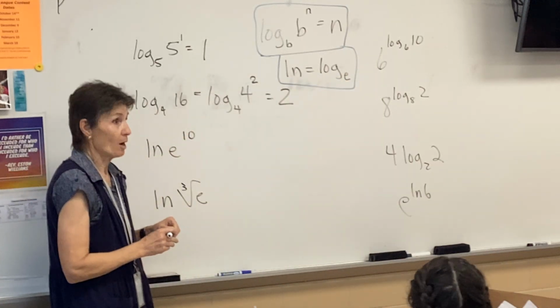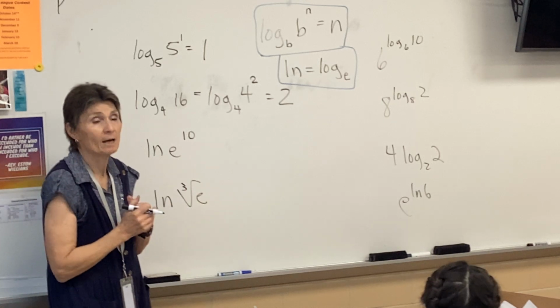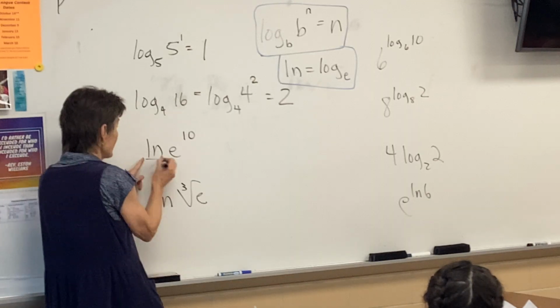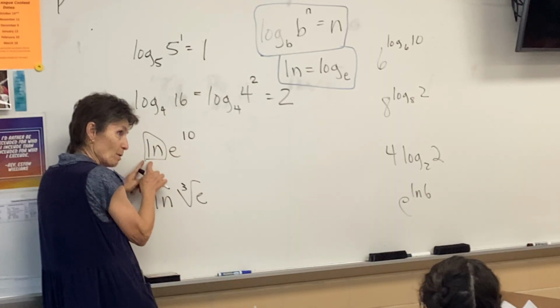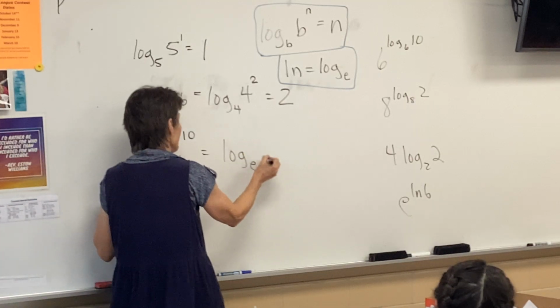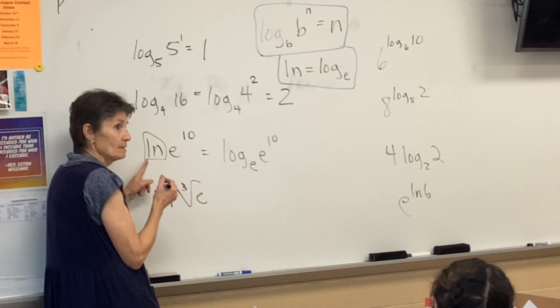If you don't, you need to know it. ln is a logarithm with a base of e. So if I rewrite this problem using not the abbreviation, but the real thing, it's going to say log base e of e to the 10. So the answer is 10.